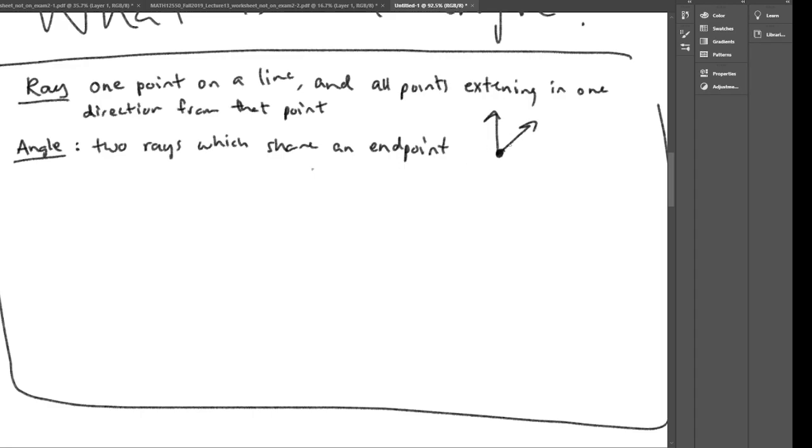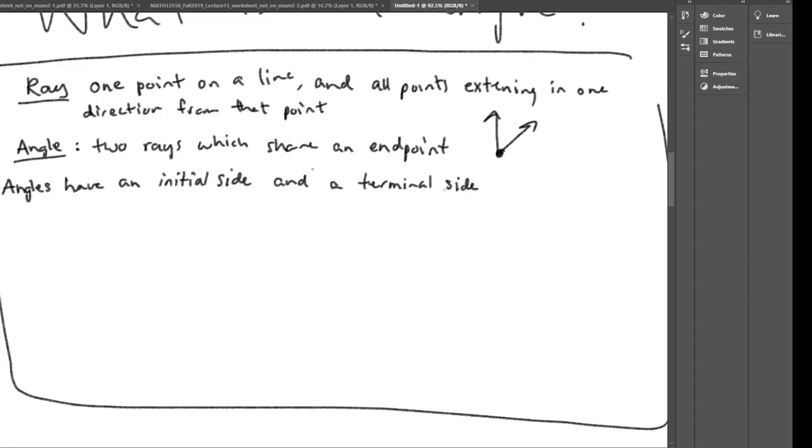Specifically, we like to think about this as the angle, but really the whole object is the angle. It's the endpoint and the two rays extending from it. Now, angles, we like to just think of them as having an initial or starting side and a terminal side.